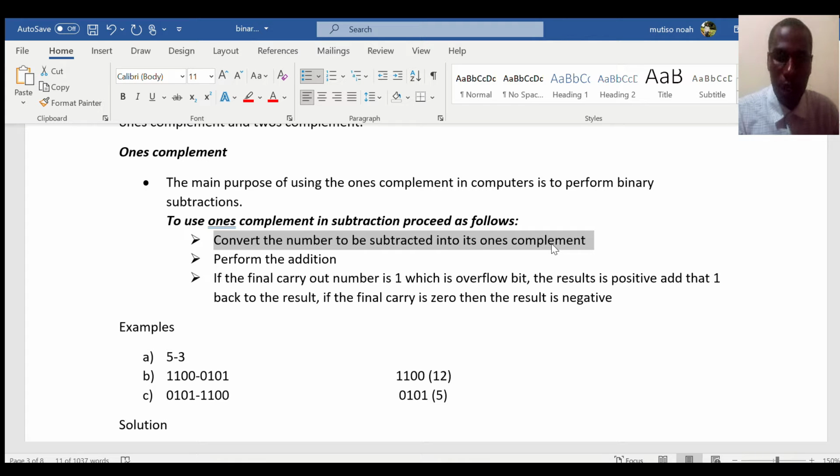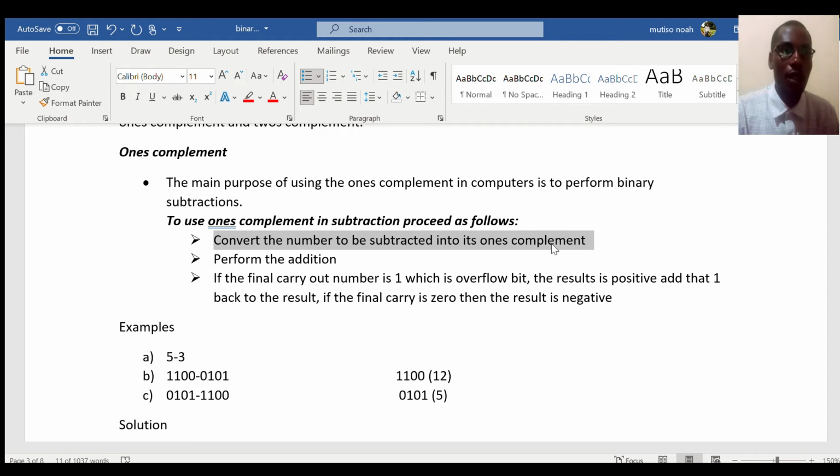Maybe you haven't understood step 1. We are saying convert the number to be subtracted into its ones complement. As we learned above, this means it's the bitwise NOT complement.